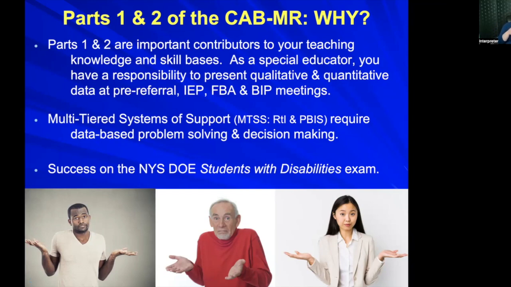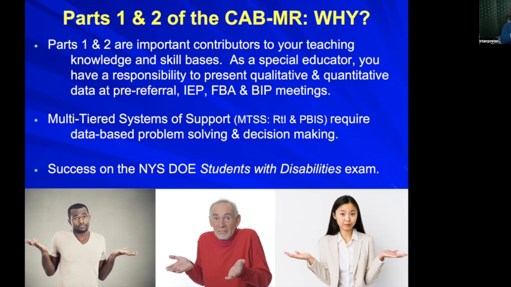And with this response to intervention and the PBIS model, which are part of the multi-tiered systems of support, hopefully again covered in SPED 700.5, these procedures require that we contribute two types of data: qualitative data, non-numerical data, and quantitative data, numbers data.